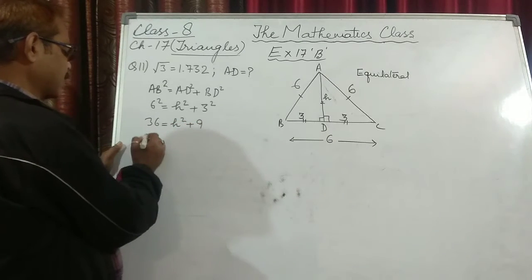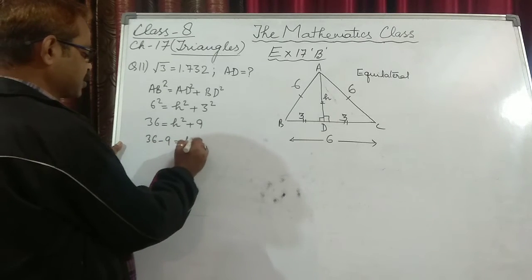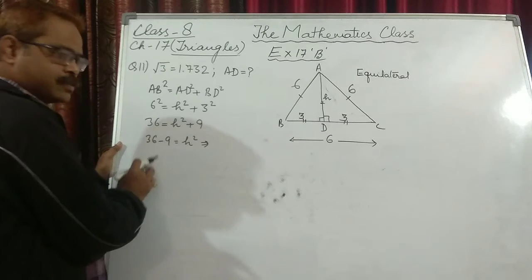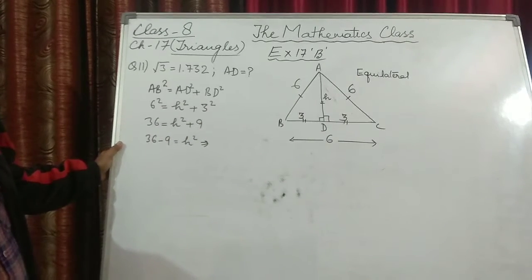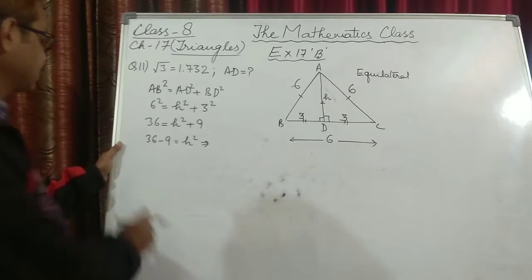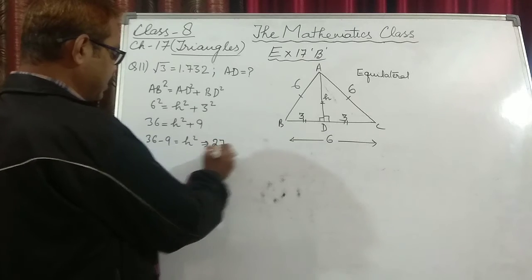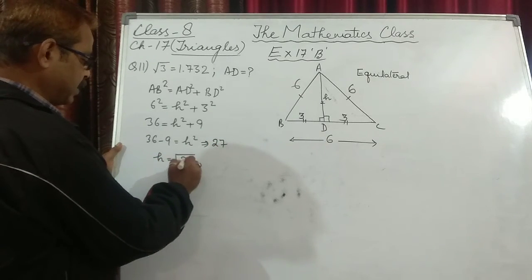In the next step, 9 will come to this side. 36 minus 9 is equal to H square, which is 27. That is, H square comes out to be 27. So H will be under root 27.